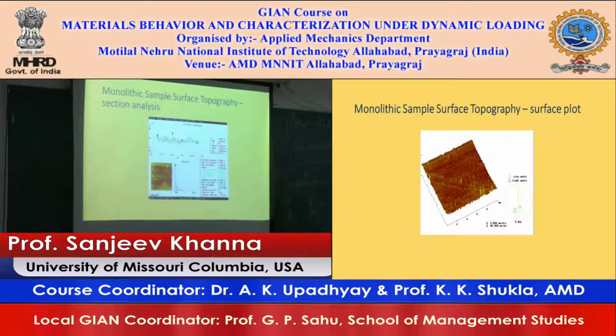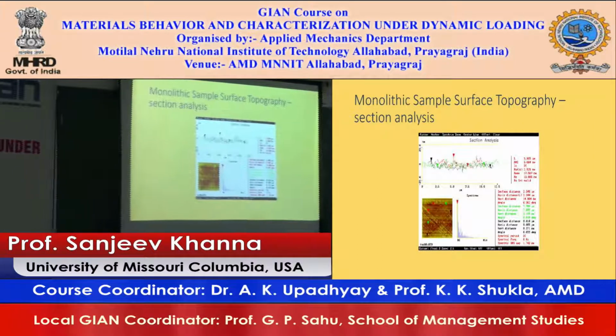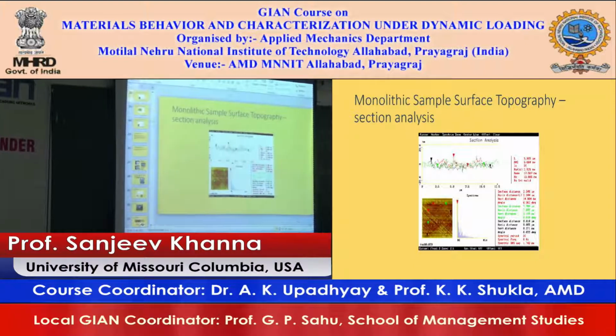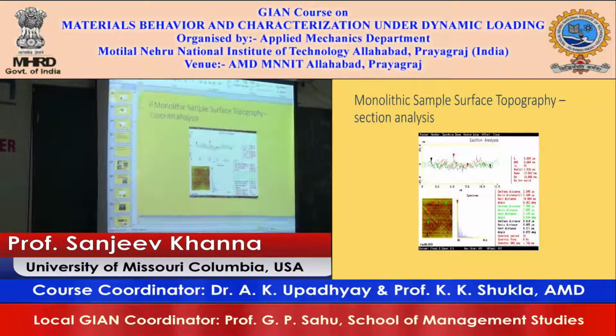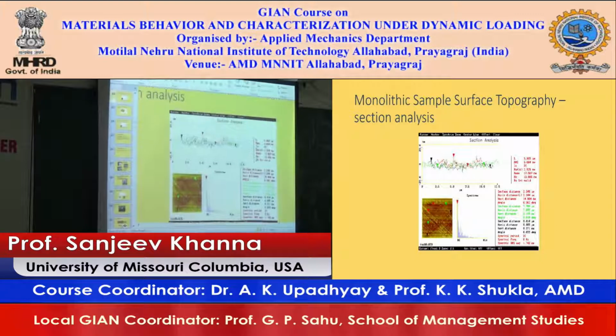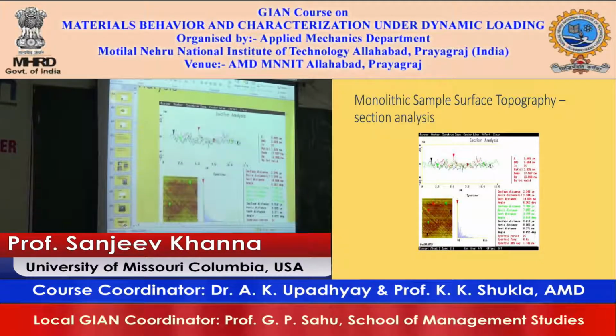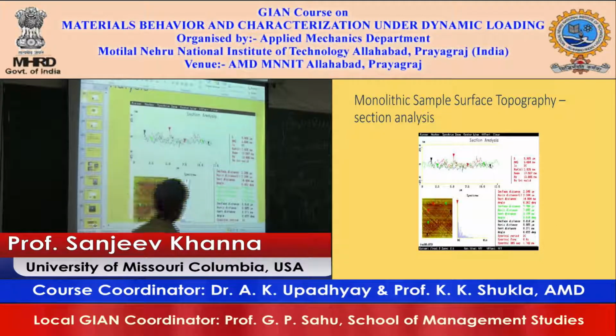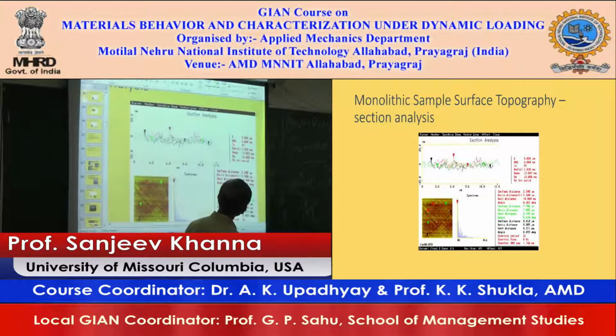Again, this screen is so small and this is very hard to see. What you see here, this RMS value, this is the root mean square surface roughness, that is 3.68 nanometers.